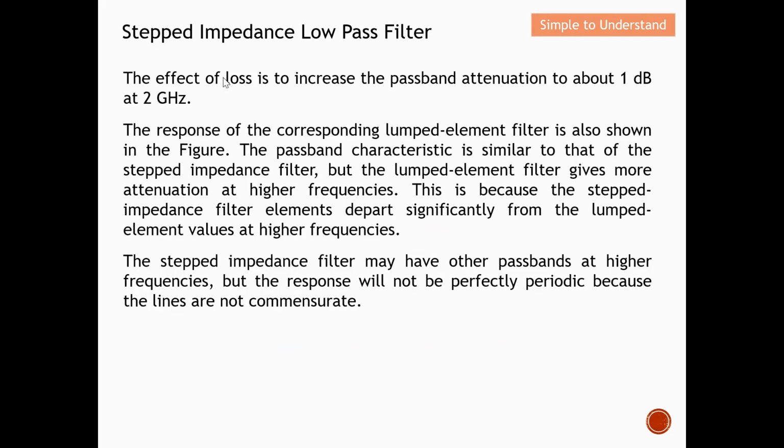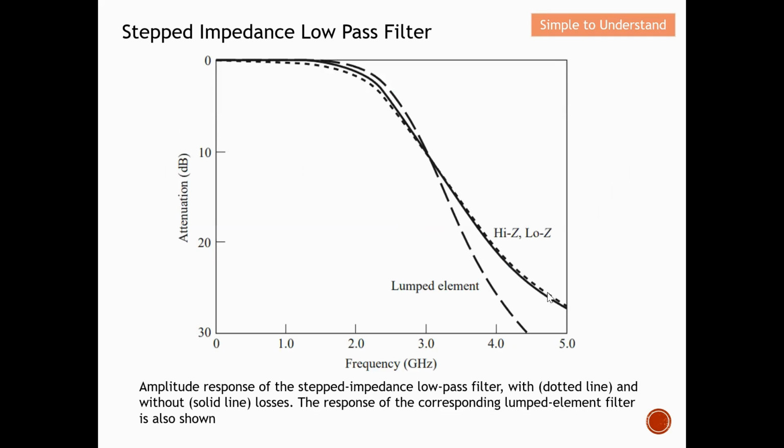So what will be the conclusion? The effect of loss is to increase the passband attenuation to about 1 dB at 2 GHz. As I mentioned earlier, the dotted line is with loss and the solid line is without any loss.